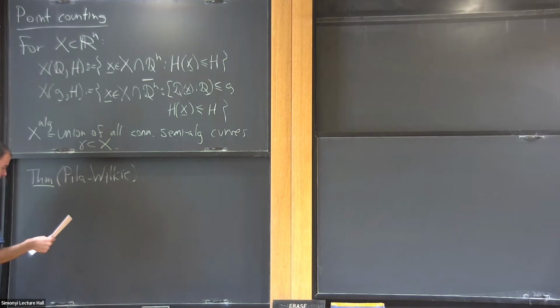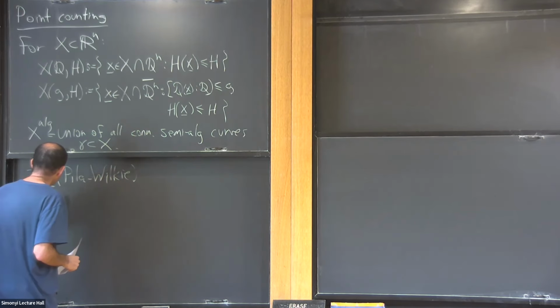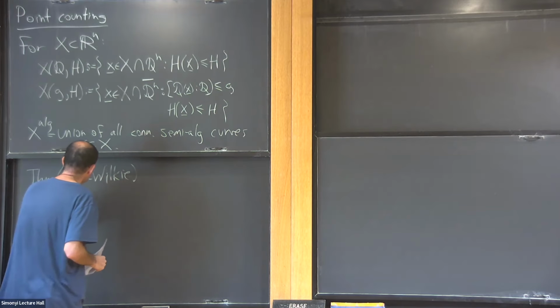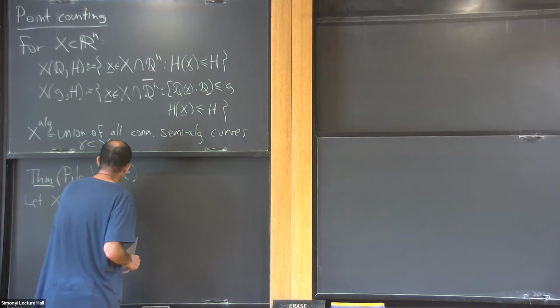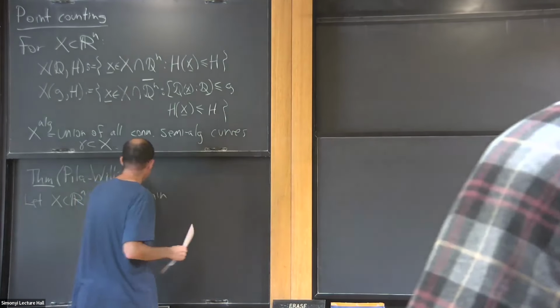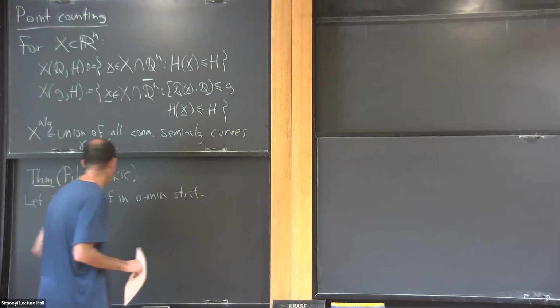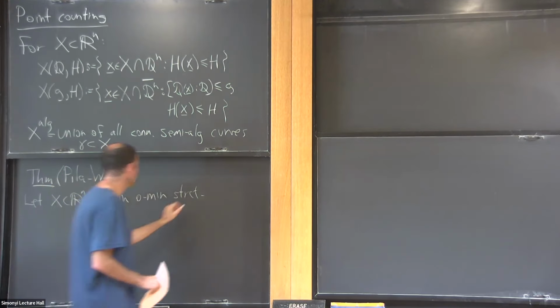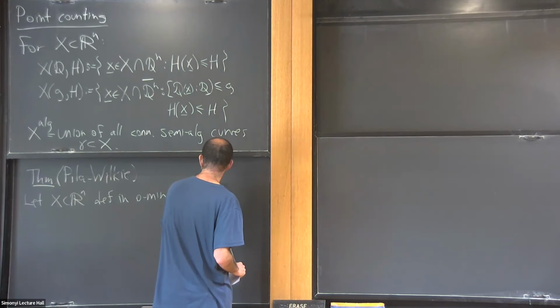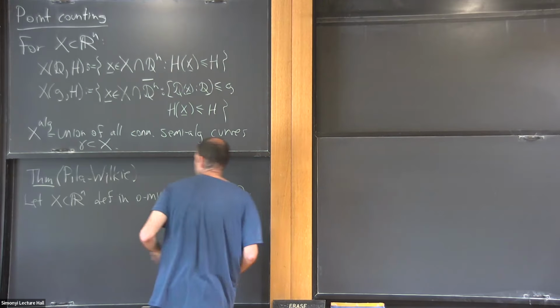We're going to take X in R to the n, definable in some o-minimal structure. Later I'll just say definable, and I mean in an o-minimal structure. And let me also fix epsilon some positive number.